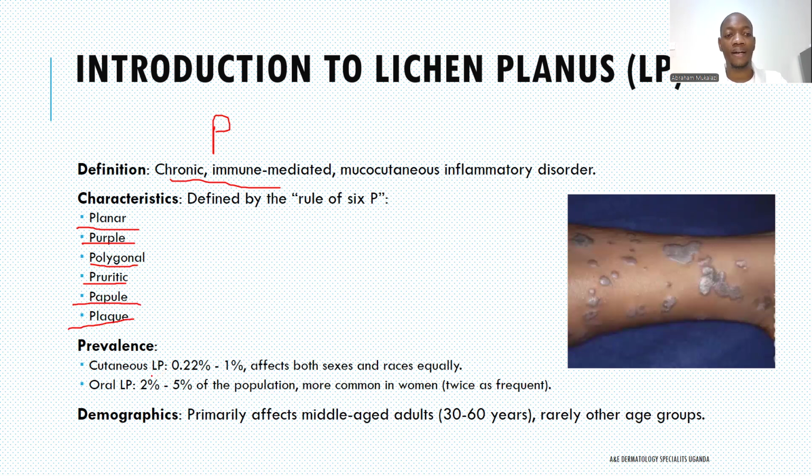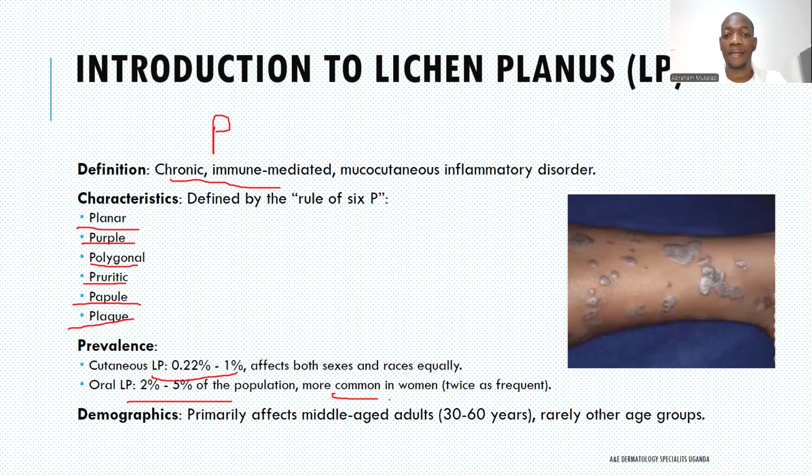So lichen planus has a prevalence of about 0.2% to 1% globally, affecting both men and women without any racial discrimination. It is seen in the general population in about 2 to 5% of people.